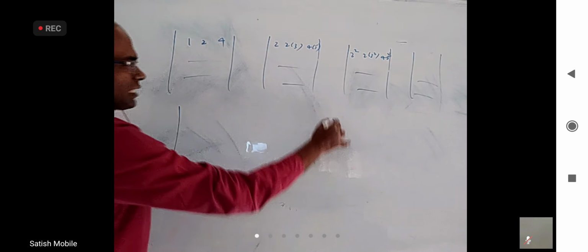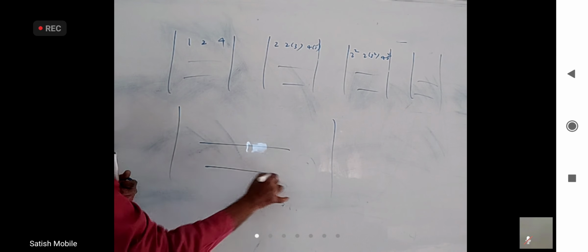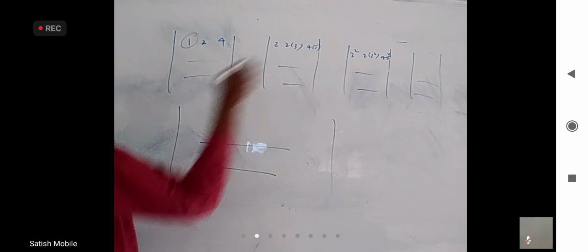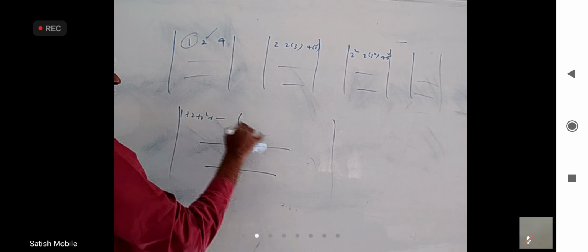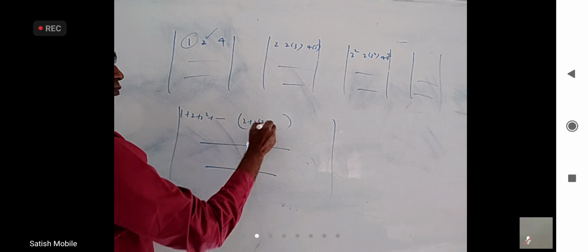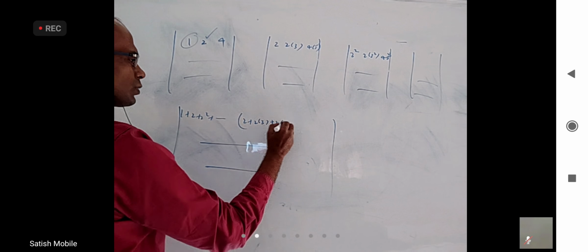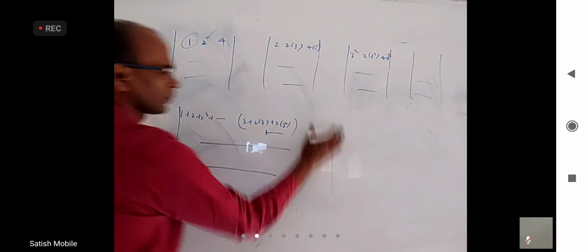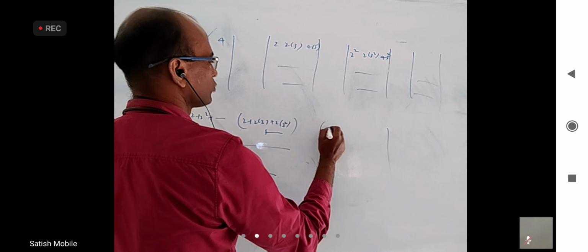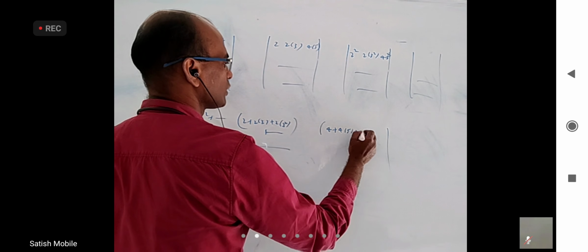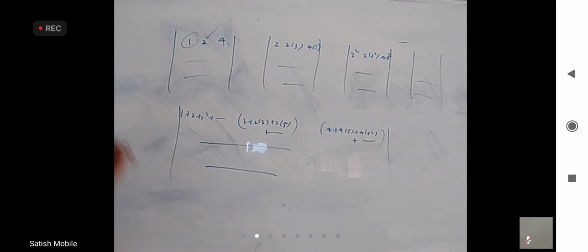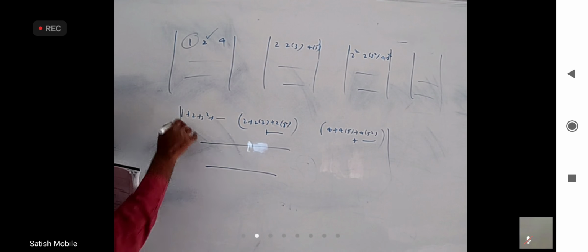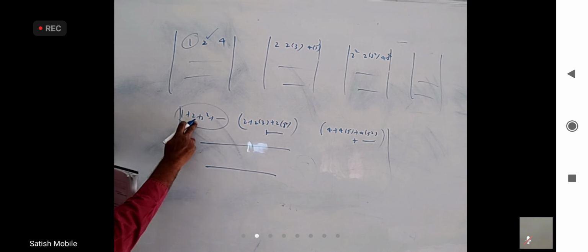Now, how will you add many determinants? Same second row, same third row, but the first row will be the sum of all these things, which is 1 plus 2 plus 2 square, and so on. Here you will get 2 plus 2 into 3 plus 2 into 3 square, and so on. What will come here? 4 plus 4 into 5 plus 4 into 5 square, and so on. This is a GP with first term 1 and common ratio 2.